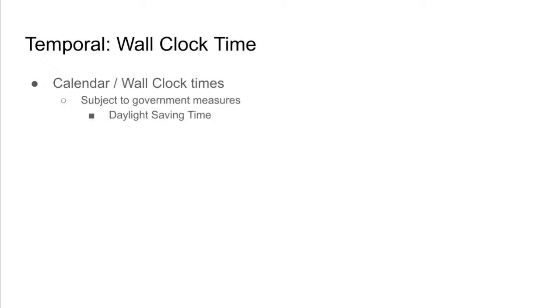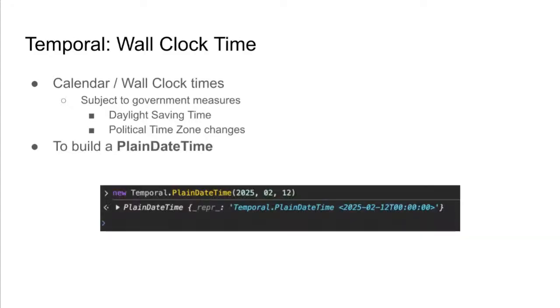The second concept that wraps some constructs is the wall clock time, which represents a calendar, but is subject to governed measures, such as daylight saving time and political time zone changes, for instance. And how do we build one? We use the class Temporal.PlainDateTime and pass the year, month, and day.